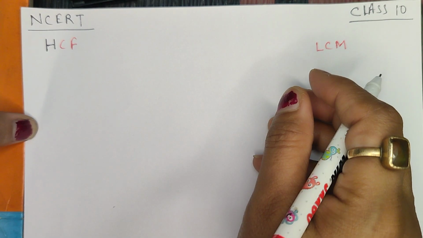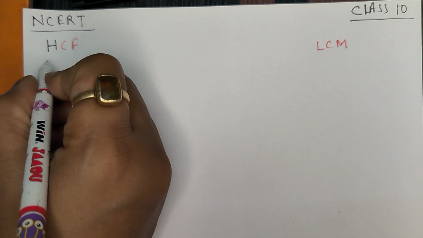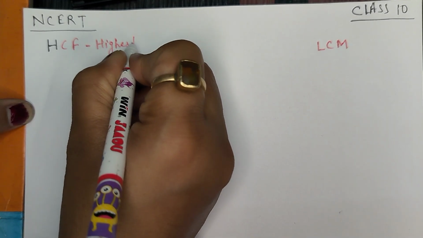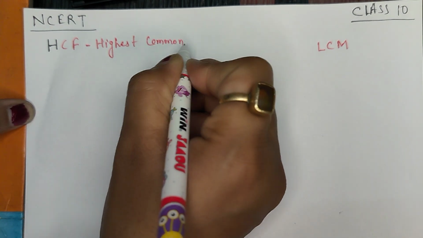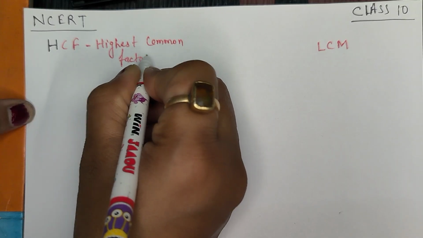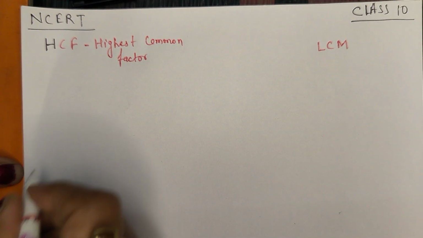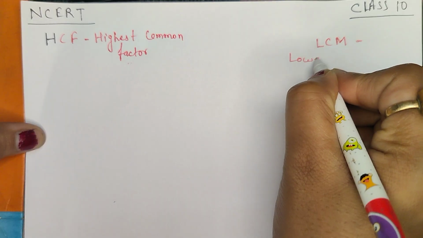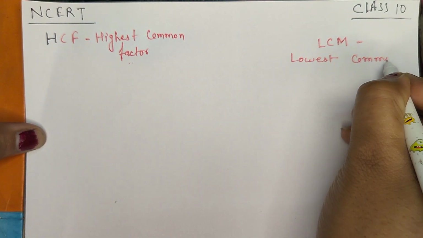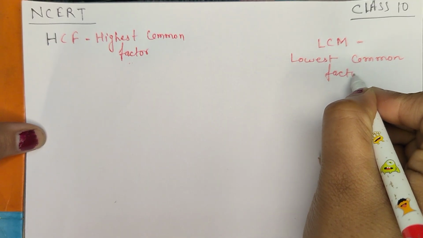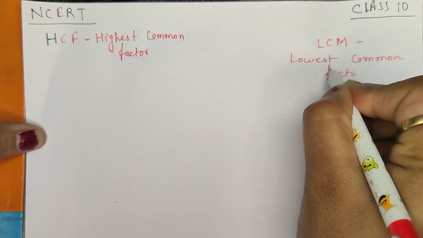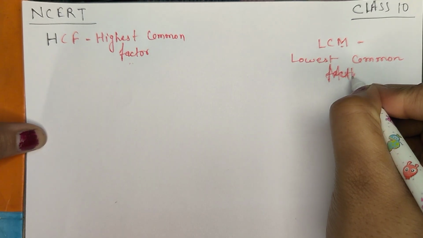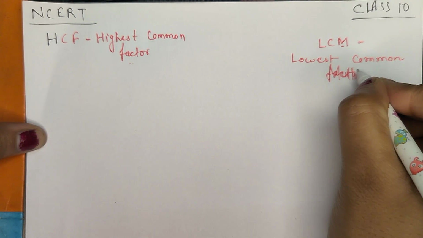First we learn the full forms of HCF and LCM. The full form of HCF is highest common factor, and LCM is lowest common multiple, because here the M is for multiples.